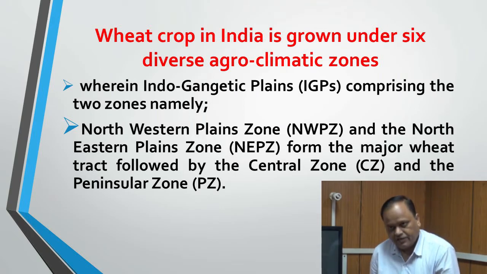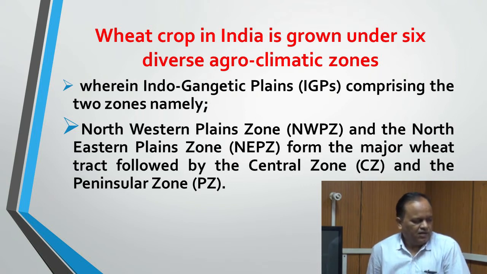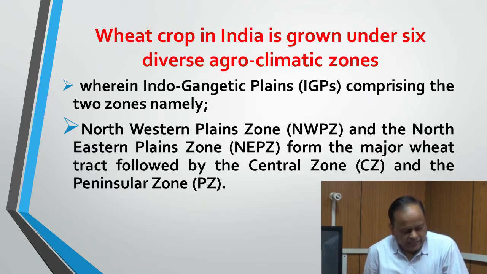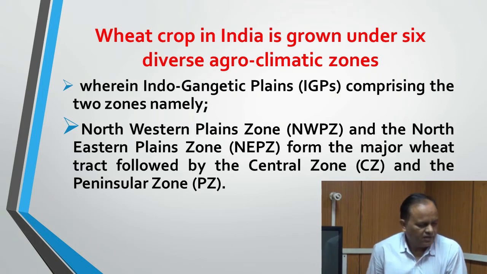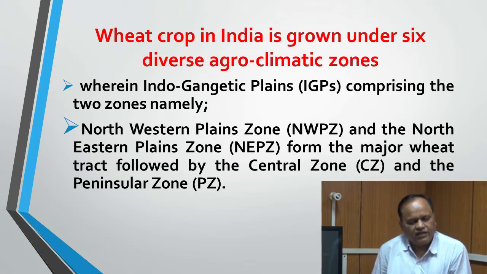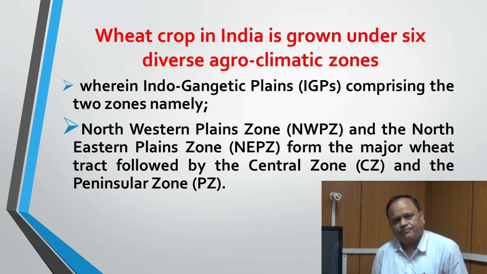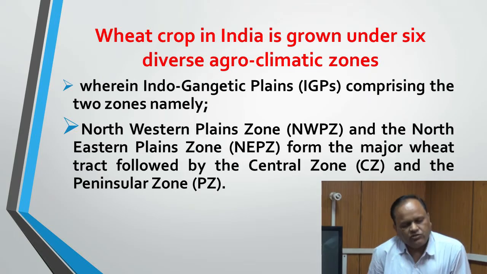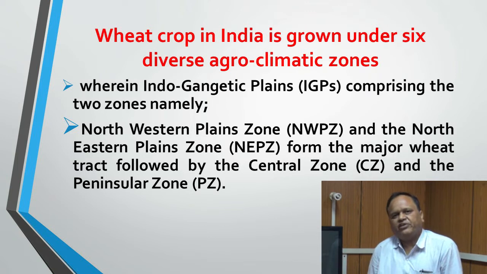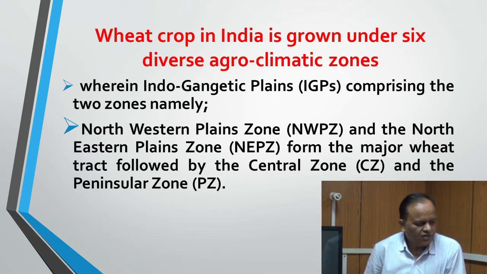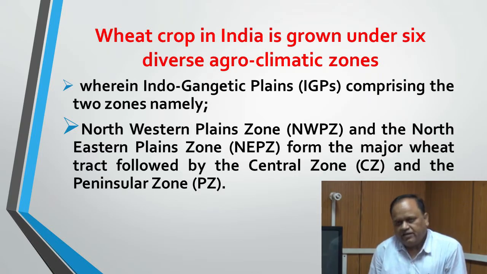In India, wheat is grown in 6 agroclimatic zones, where the Indo-Gangetic plain zones, comprising the 2 zones, the northwestern plain zone and northeastern plain zone, actually contribute most of the wheat cultivation in India, followed by the central zone and the peninsular zone.